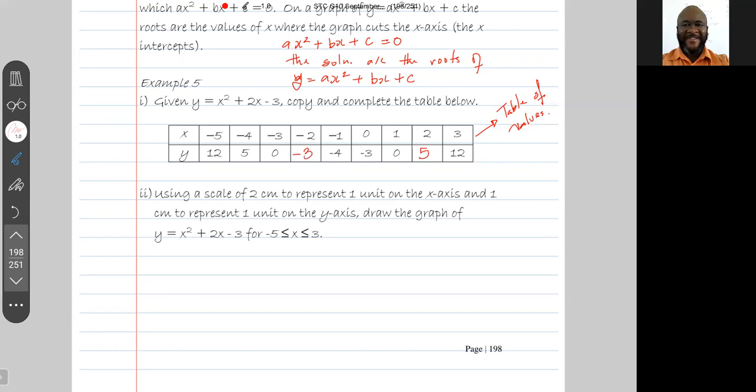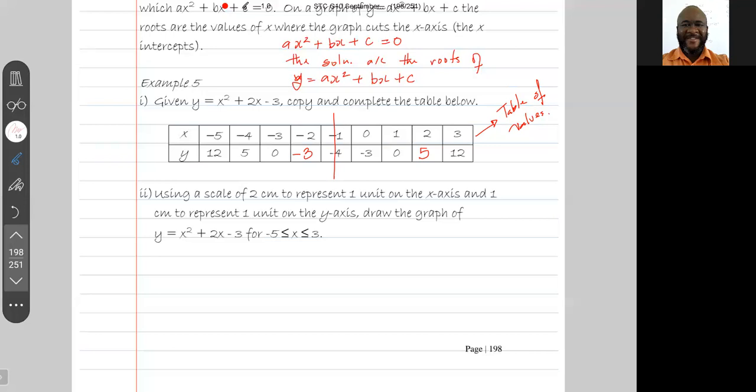So what you should observe is that the values of y to the right and to the left of x of minus 4 are the same. Do you notice that? To the right of minus 4, I have minus 3, 0, 5, 12.